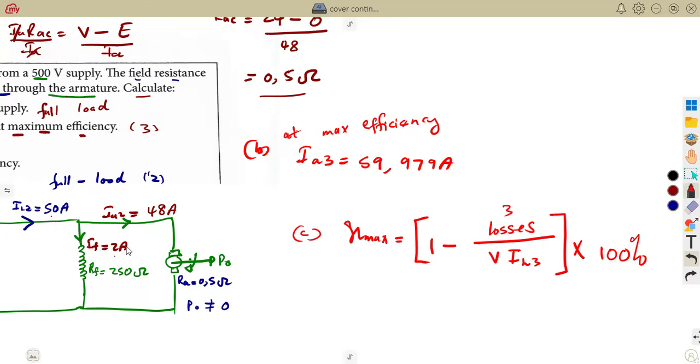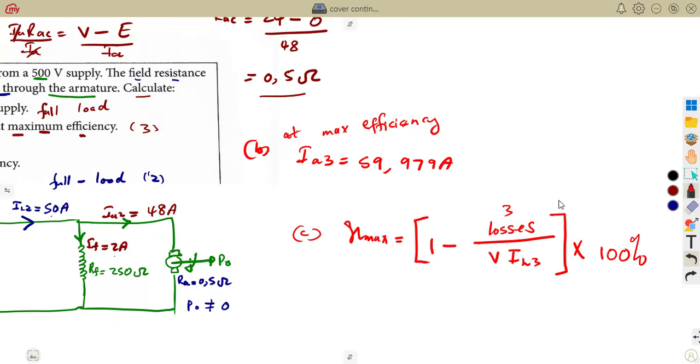If we consider this properly, we are going to see that we need the 3 losses at maximum efficiency.